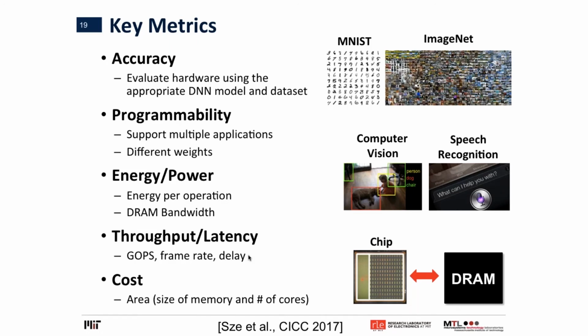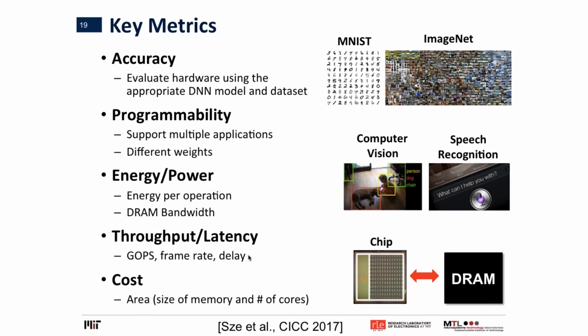I do want to distinguish the difference between throughput and latency. Throughput means that I can complete, on average, let's say, 30 frames per second. But often, in order to achieve high throughput, you need to bundle or batch a number of images together to hit that throughput. What latency tells you is how many frames you can actually bundle together. So typically, for a very low latency application, the batch size that you could have would be equal to 1.